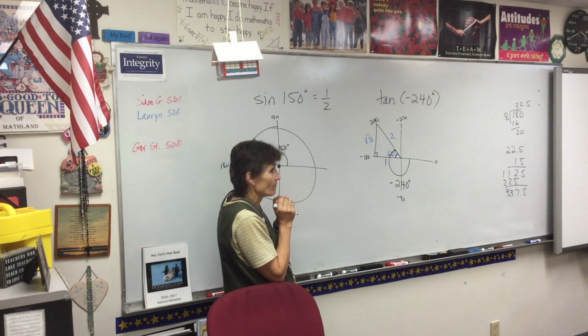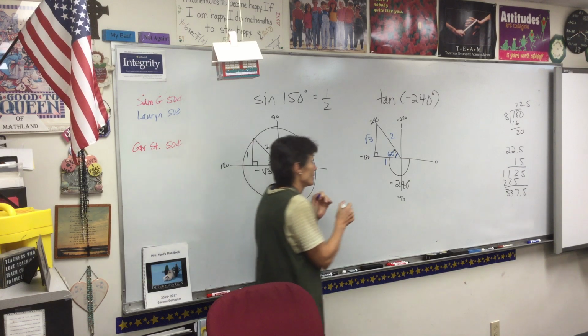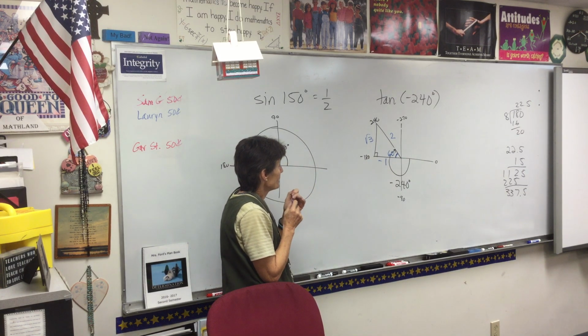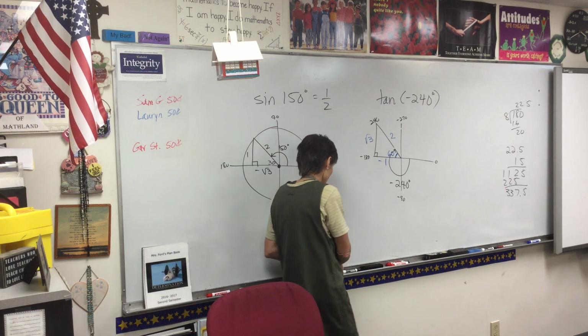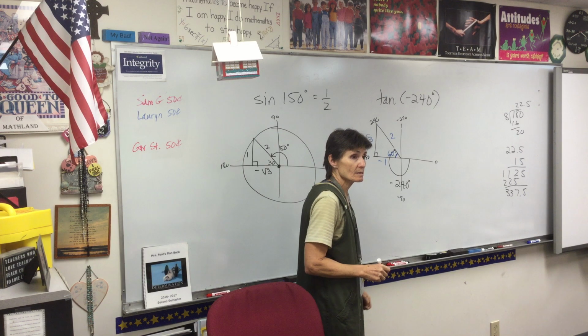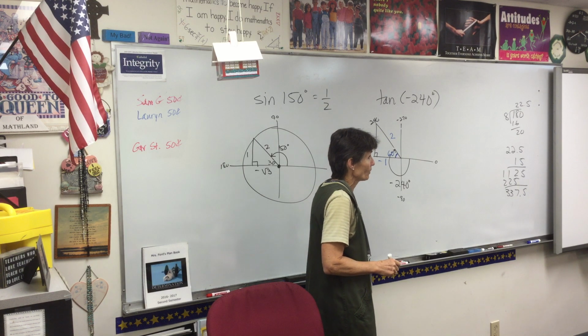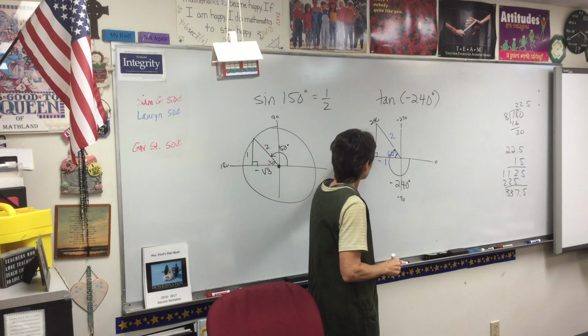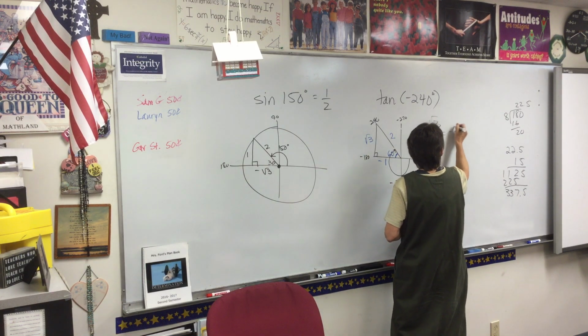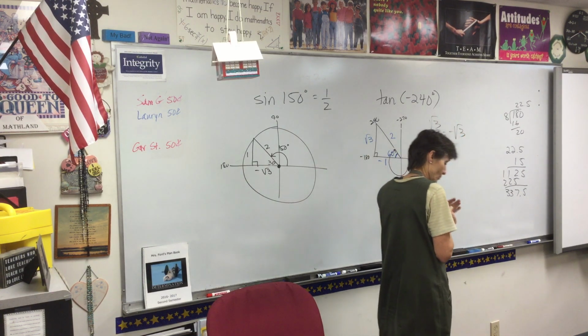What is negative if I'm in quadrant 2? The 1 will be negative. Now I want the tangent. Tangent is y over x, or opposite over adjacent. So root 3 over negative 1, which is negative root 3.